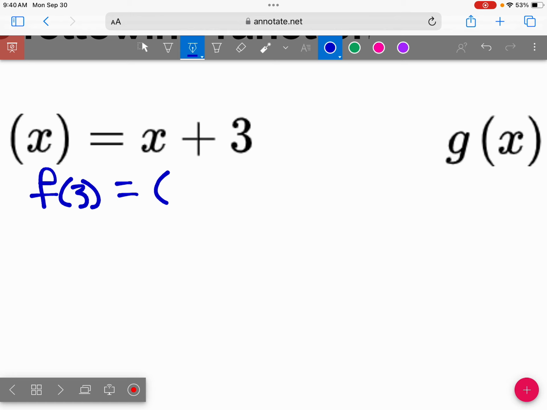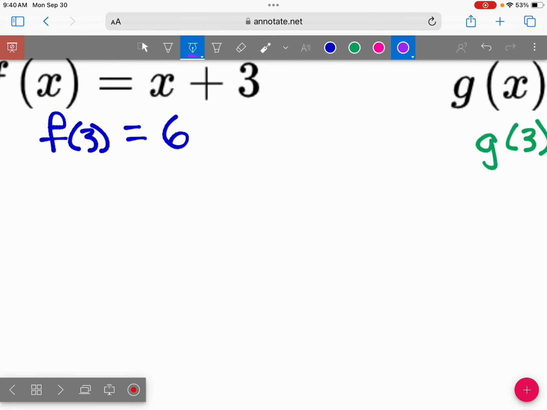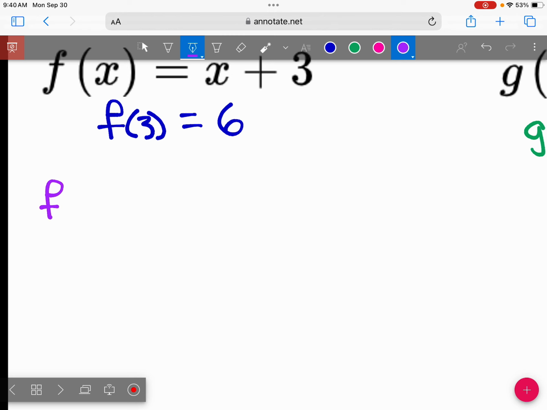Six. What is g of 3? 9. So when we're looking at f plus g of 3, we're going to take our f of 3, which is 6, plus our g of 3, which is 9.